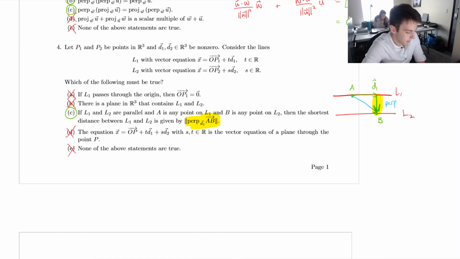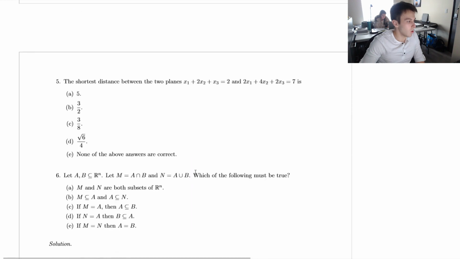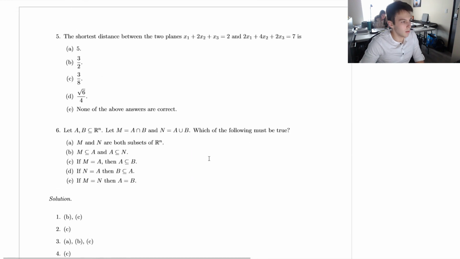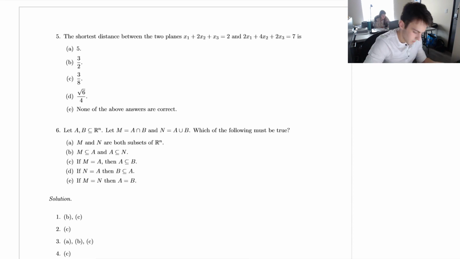Okay, so number 5, what is the shortest distance between these two planes? Okay, so let's call the first plane T and the second one D. I just want to give them random variables.